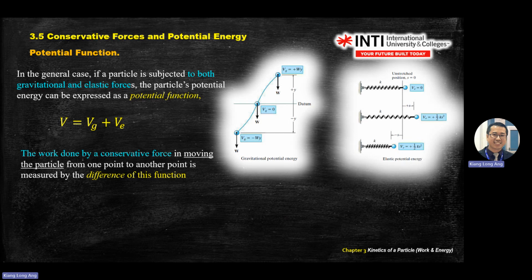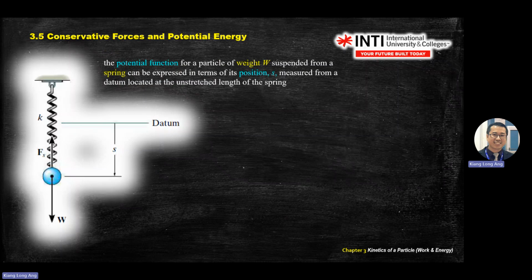So potential energy in chapter 3 involves gravitational and also elastic or spring. So for the potential energy, we use V. V is a combination of the two. Same with this one.